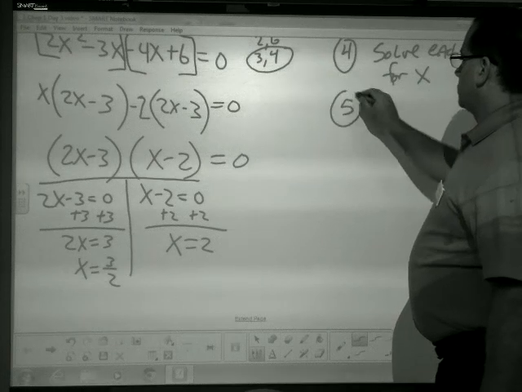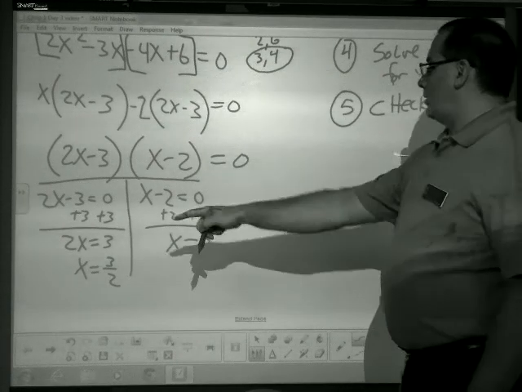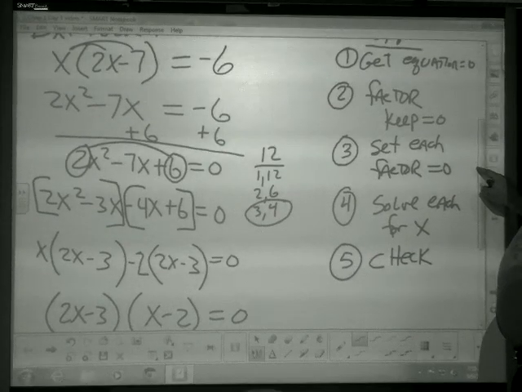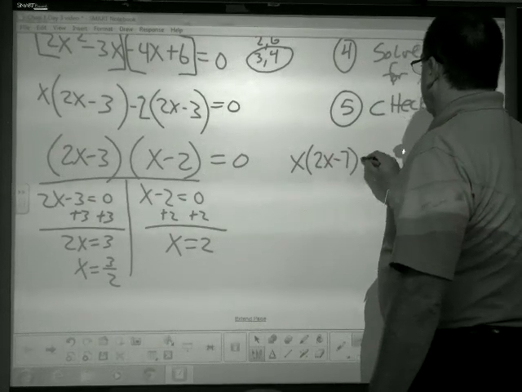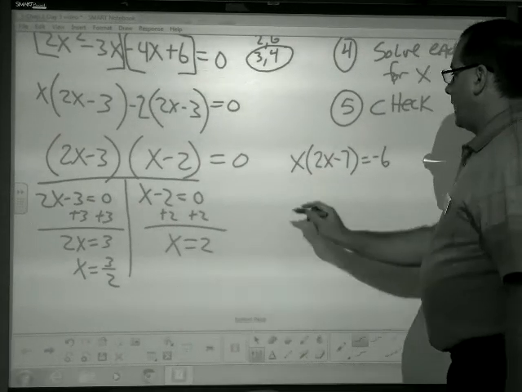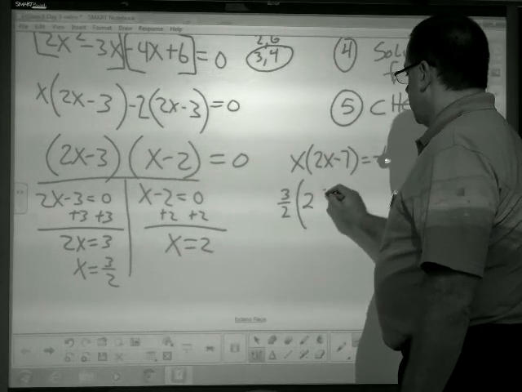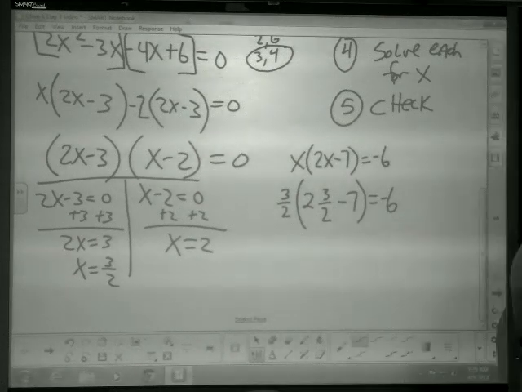So sometimes it will say check your answer. And so let's go through a check real quick. Let's try 3 halves. So my original problem was x, parentheses 2x minus 7 equals -6. Put in 3 halves. So I have 3 halves times 2 times 3 halves minus 7 equals -6.